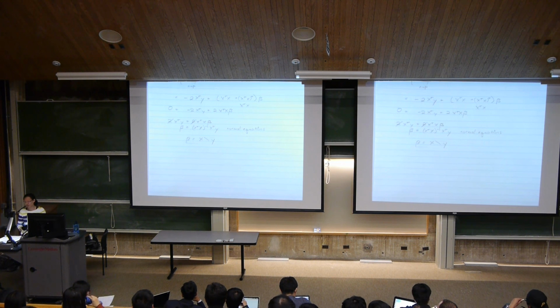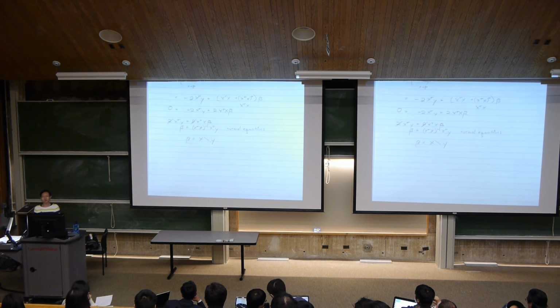Let me explain this again. What you could do in MATLAB is take x transpose x, take the inverse of it with the inverse function, and then multiply it by x transpose y. For certain matrices, that's fine, but this is a better way of doing it. What's going on in the background is a QR decomposition.